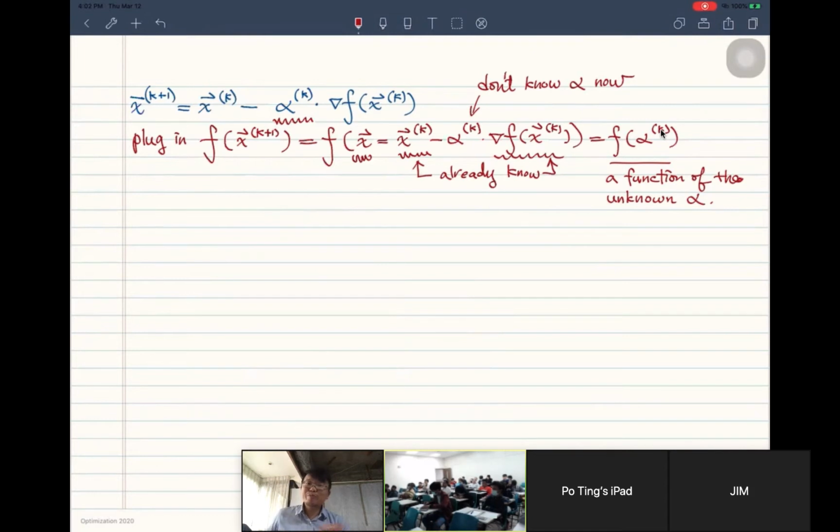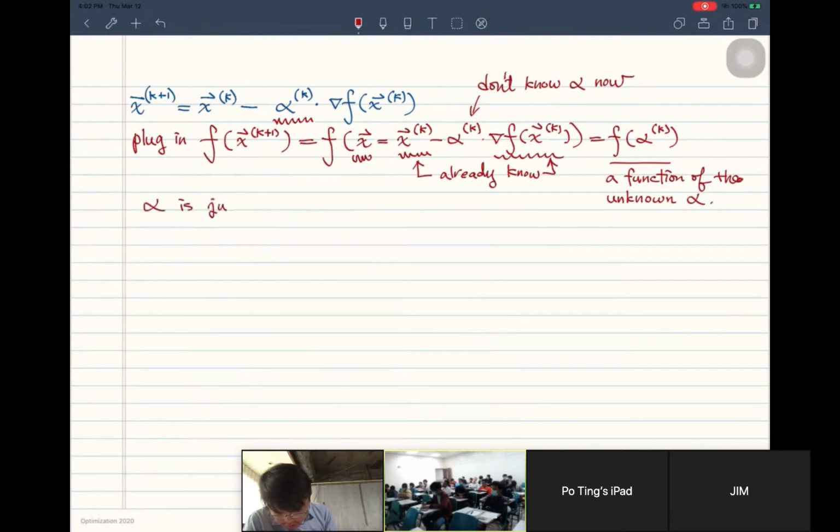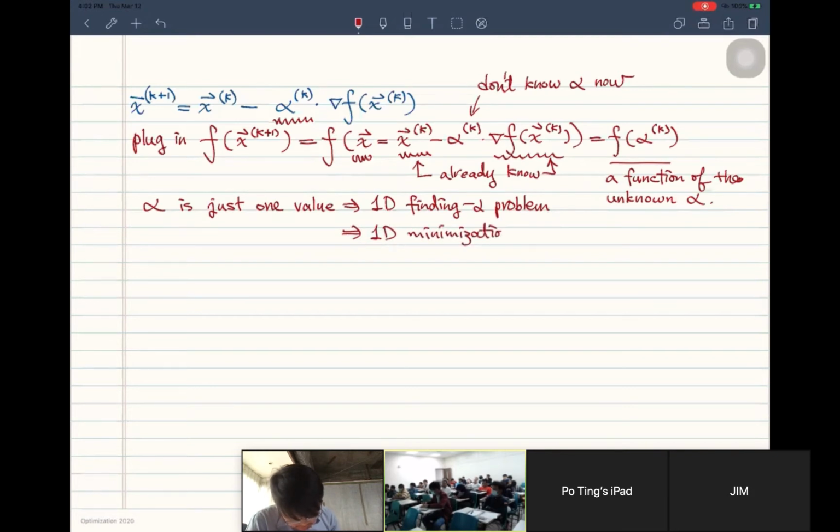So it becomes a finding alpha problem. Because alpha is just one value, this becomes a 1D finding alpha problem, or 1D minimization with respect to alpha. So it becomes a 1D problem.